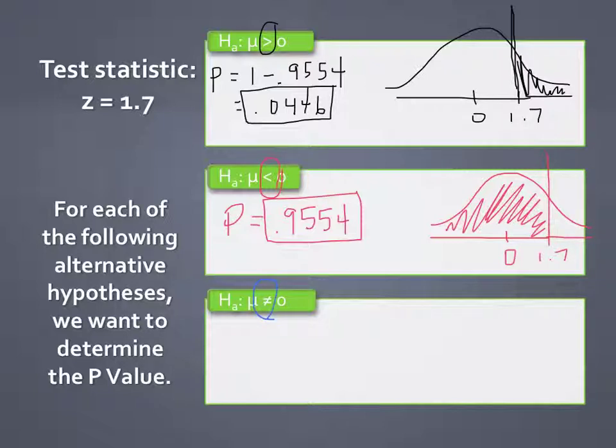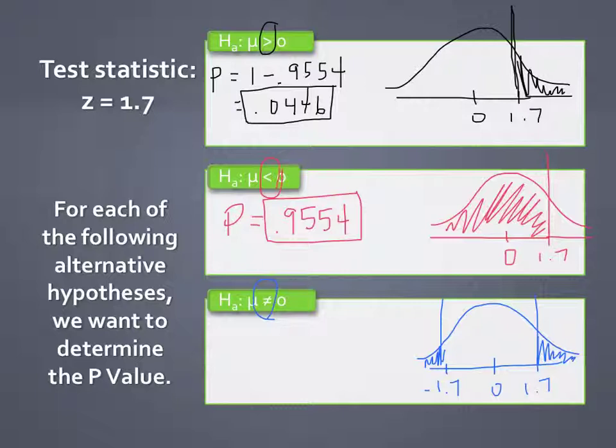Lastly, the not equal to case might feel a little different. We'll still start by drawing a curve. We'll put 0 in the middle, but what not equal to is going to do is look at 1.7 and negative 1.7, and it will look at the 2 tail areas corresponding to those z-score values.